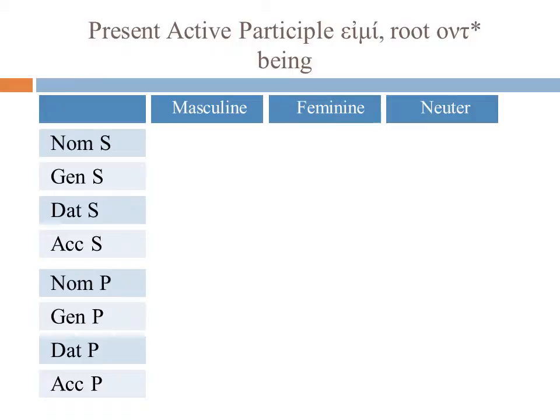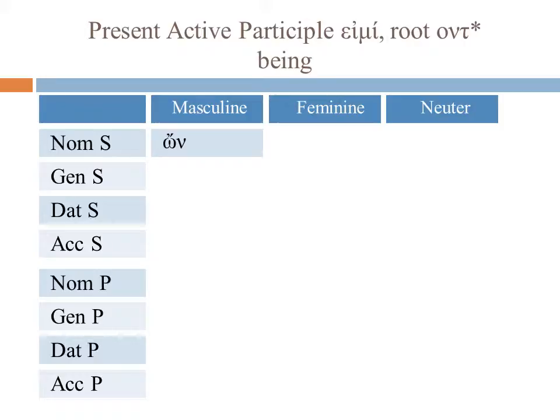The nominative singular, ὤν, and look at it, we have a smooth breathing and an accent. This looks like the ending itself, but this accent and smooth breathing tell us it's actually a word.